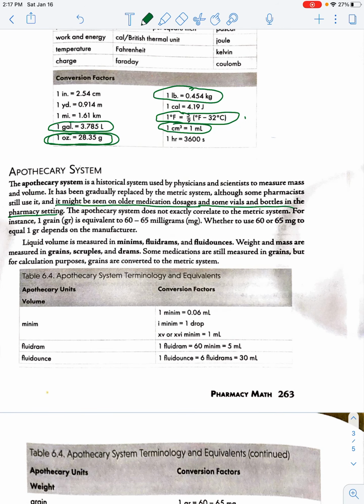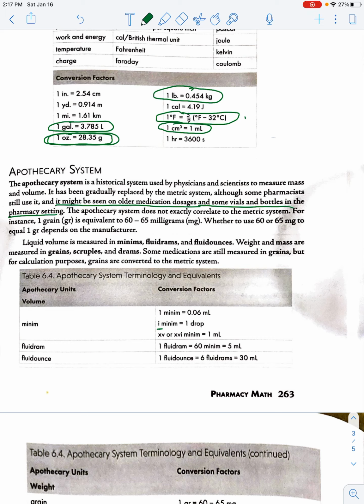The minim is 0.06 milliliters. Now notice, like they say, I minim is 1 drop. That's a Roman numeral, the Roman numeral for 1. XV or XVI minims is 1 milliliter. What is XV as a number?